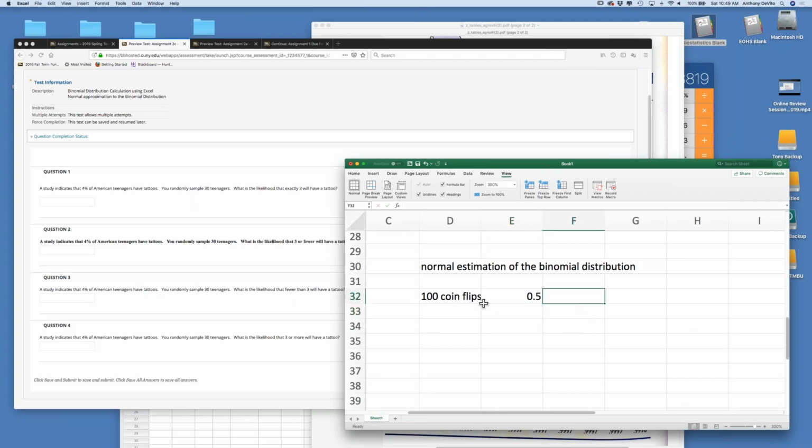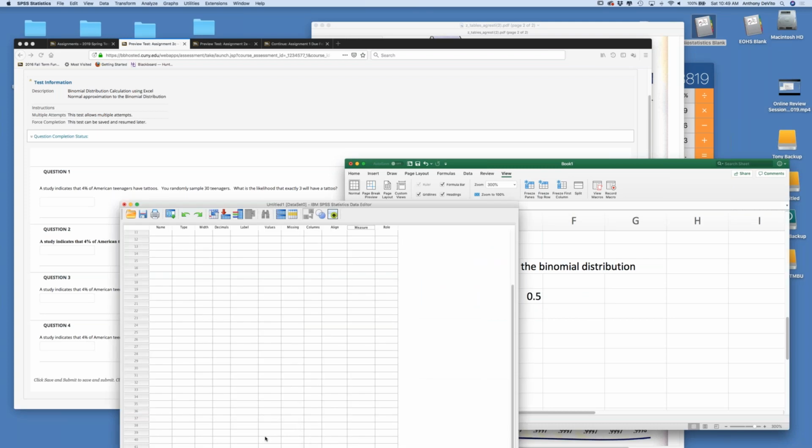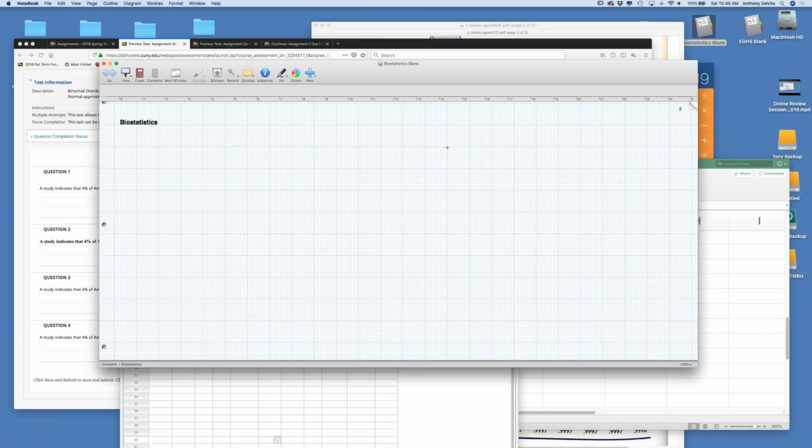So in effect, if I were to draw this as a distribution, what I would expect is that the most common outcome, if I flipped 100 coins many, many times and drew it as a histogram, or if it's so many times, I can turn it into a normal distribution like this.